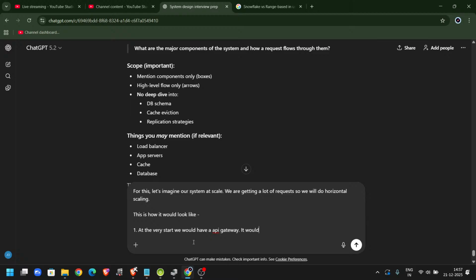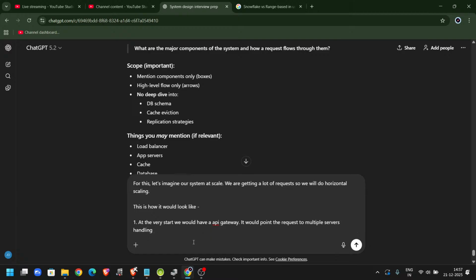It would point the request to multiple servers handling the URL generation.